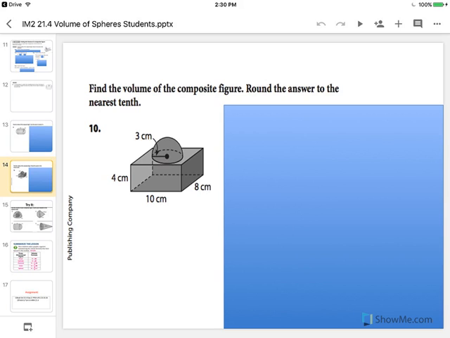Okay, and then for number 10, we have a rectangular prism and a hemisphere on top. Find the volume of the composite figure, rounding the answer to the nearest tenth. Think of it as the rectangular prism plus a hemisphere.